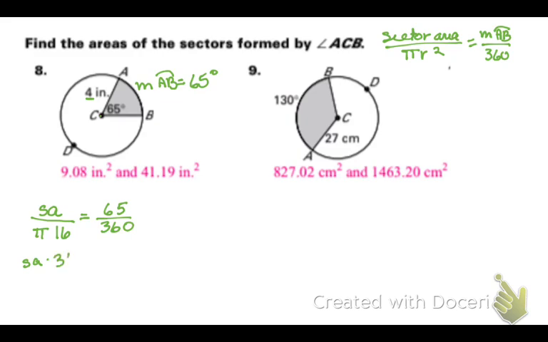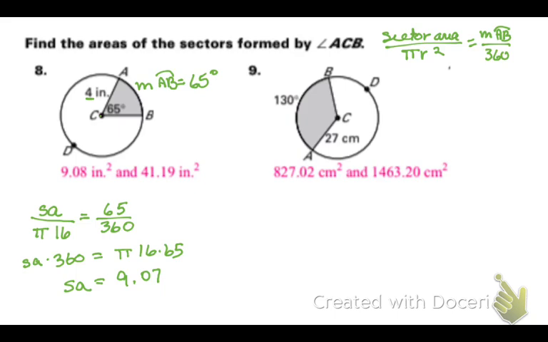SA times 360 is equal to pi times 16 times 65. Long story short, SA is going to be 9.07, because we have to divide by 60.